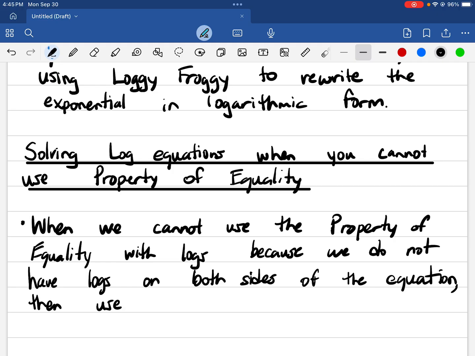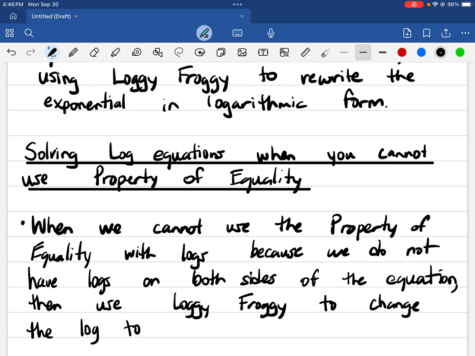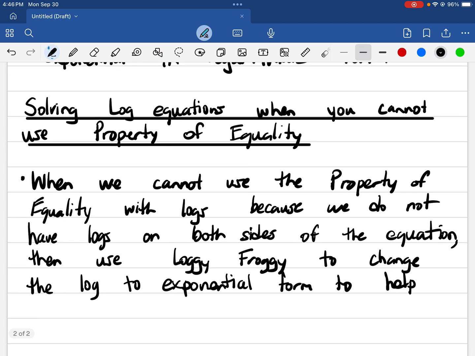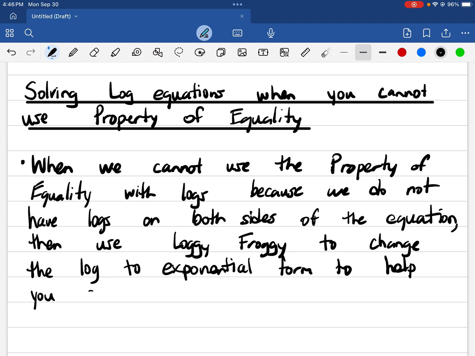then use loggy froggy. So again, that's coming up, loggy froggy, to change the log to exponential form to help you solve the equation.